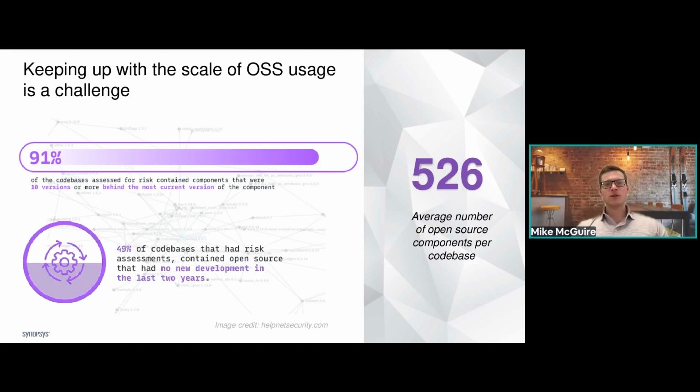In our research, we found the average modern application uses 526 open source components, 526 dependencies in a given application. Now, remember, this is the average. So by definition, half of the code bases that we analyze use less than that, and half actually use more than this.